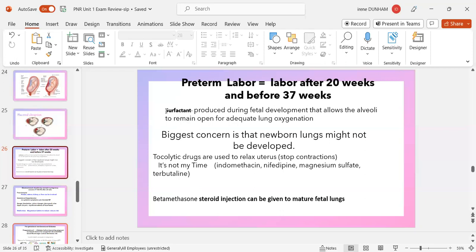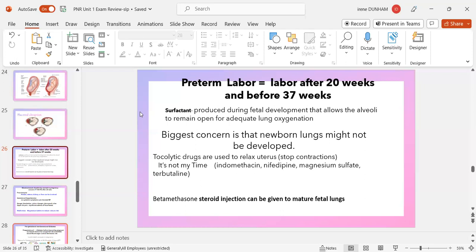You need surfactant to allow the alveoli to remain open for adequate lung oxygenation, because the biggest job this baby has at birth is to breathe.